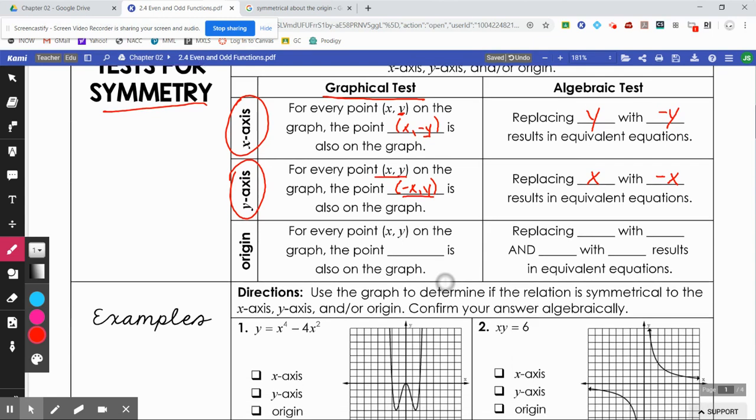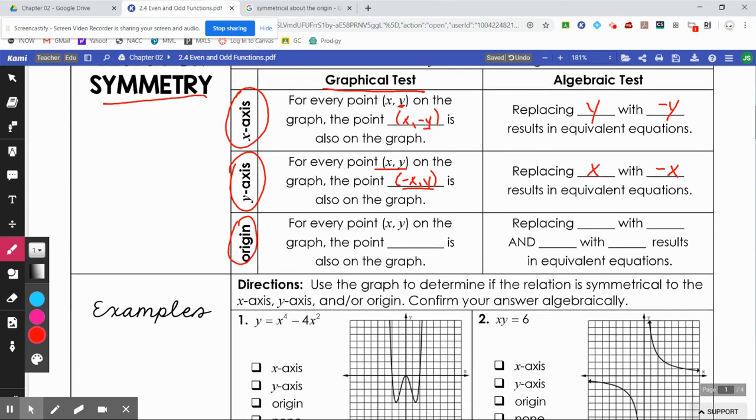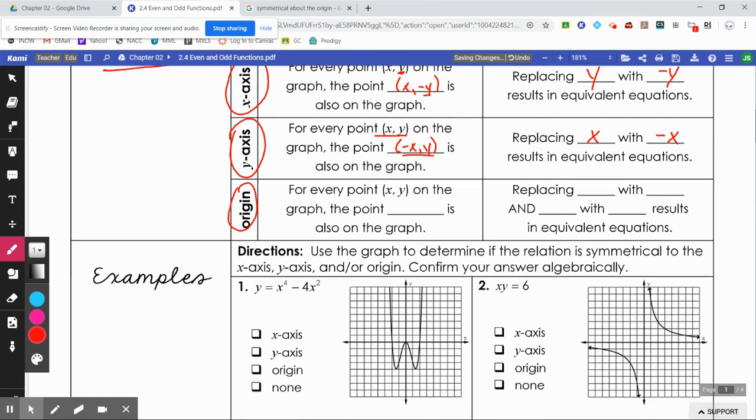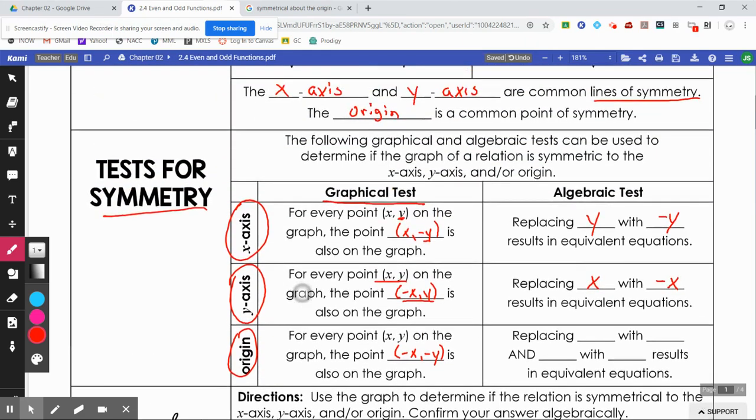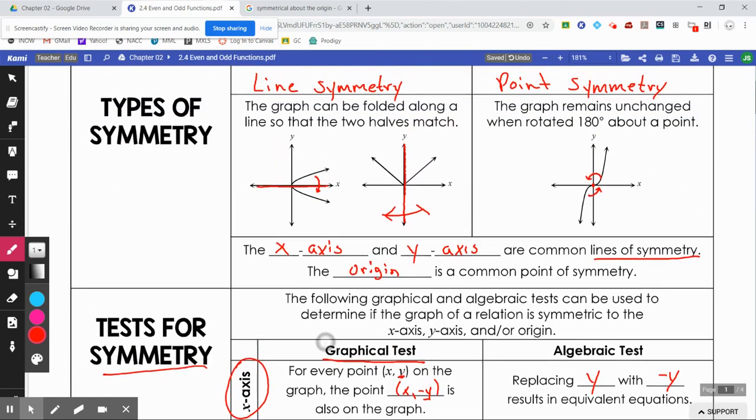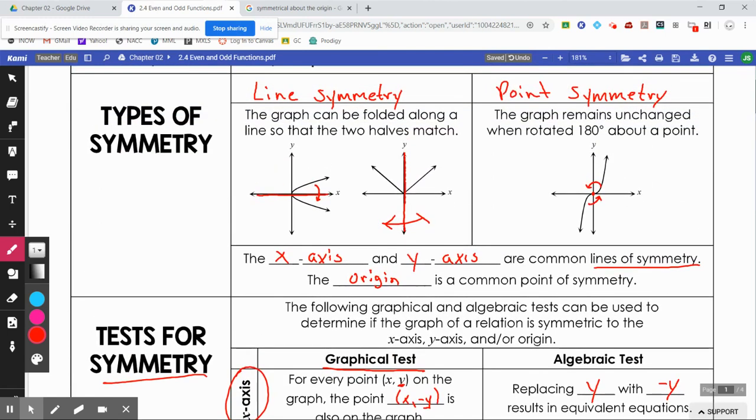Now the origin: for every point (x, y) on the graph, then (-x, -y) would also be on the graph, which is kind of a combination of these prior two. And the reason for that is, if we go back and look at this, rotational symmetry is actually a combination of line symmetry. If you could take a graph and flip it across the x-axis and then flip it across the y-axis, and it results in the same graph.